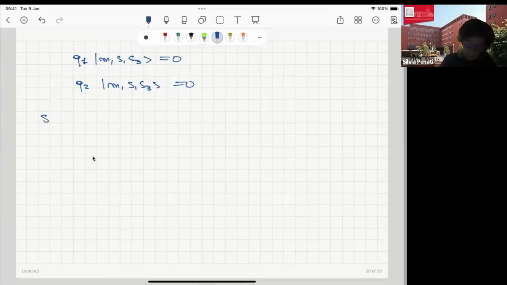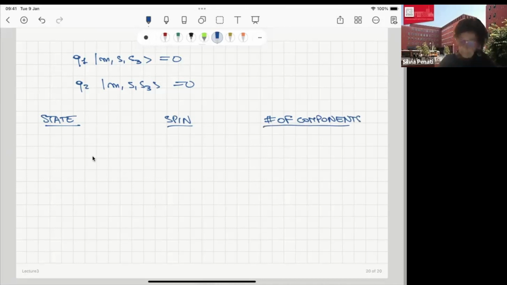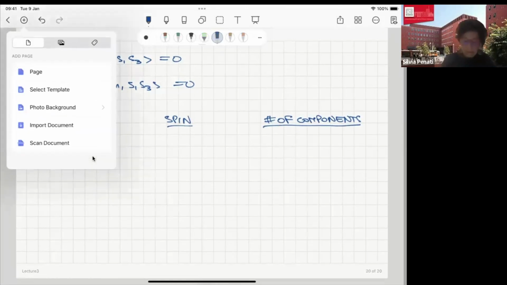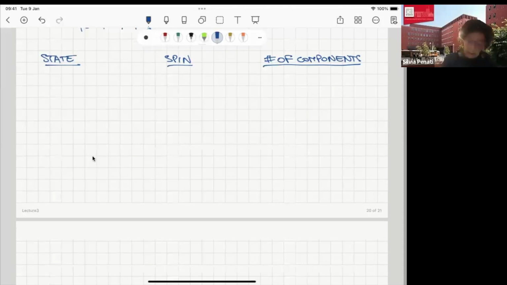Okay, therefore, we can consider the following table. We have the state, the spin, and the number of components. We start with this particular state that we picked up in our Hilbert space.